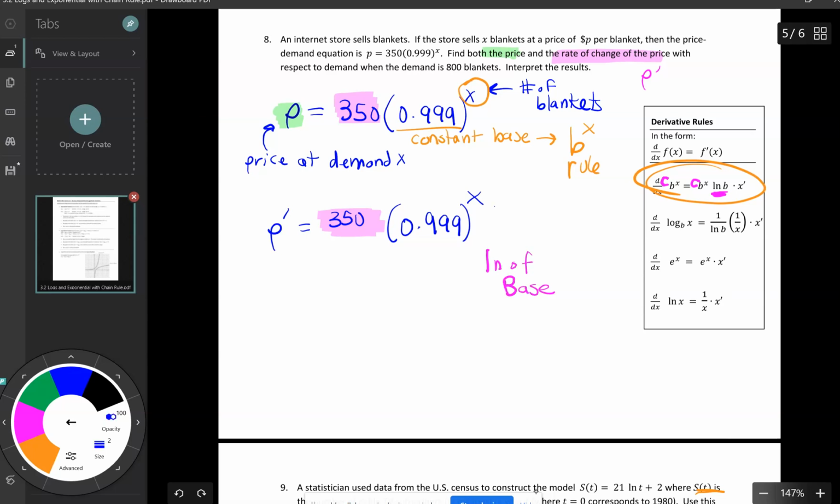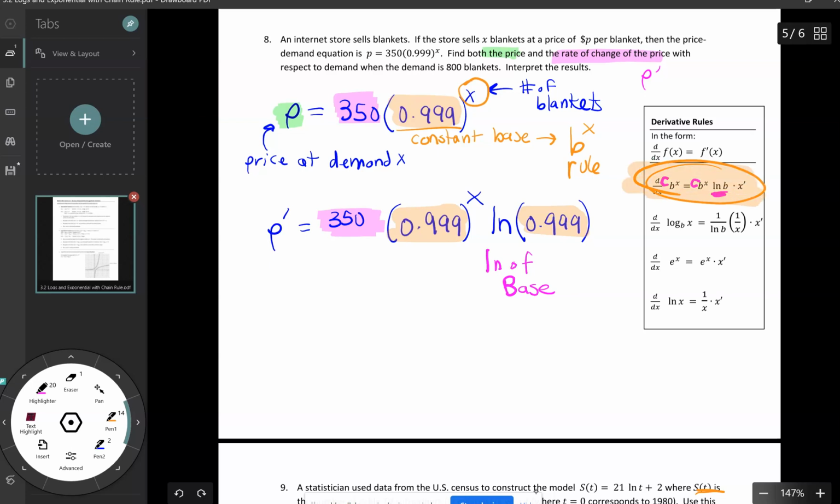So I'm going to tack on natural log of my base here. And then technically I tack on the derivative of the exponent, but see how it's just a 1? It's just a 1 there, so I don't have to write it. So see how ugly this looks? It looks super hideous, but your base was just this ugly constant number. So I rewrote it as base to the x, natural log of the base, just following this rule right here.